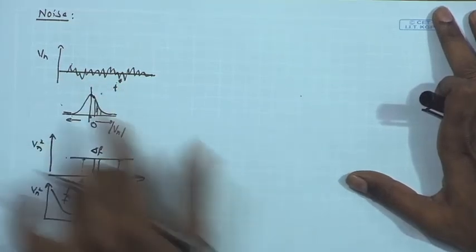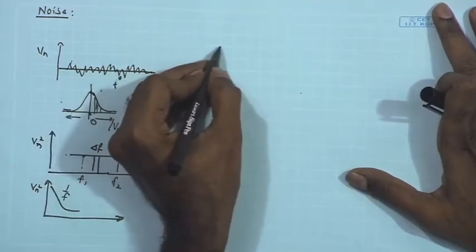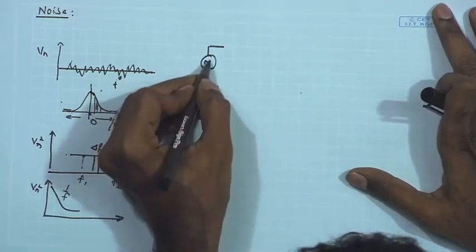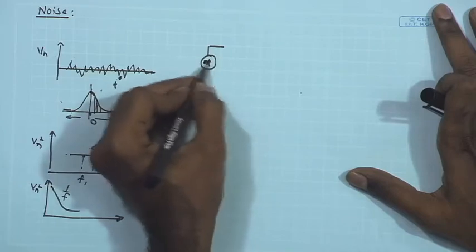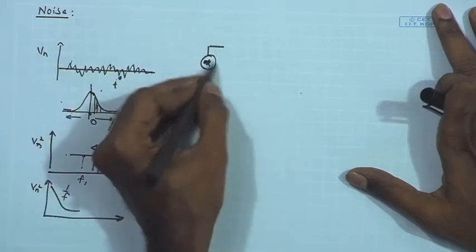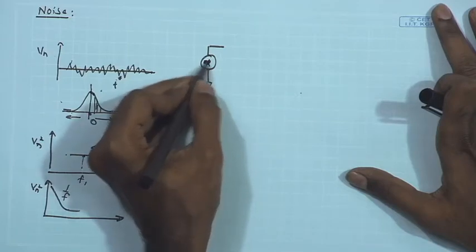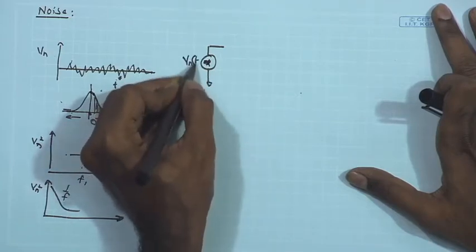To do that, we need to visualize a noise source V n t. You can denote it by a star mark, because it does not have any fixed polarity. It is a random noise signal. So, the noise voltage can be represented by a voltage source with a star mark, and I can call it V n t.